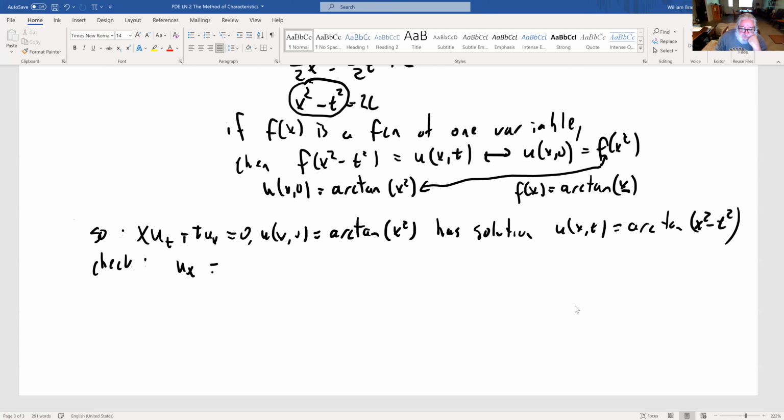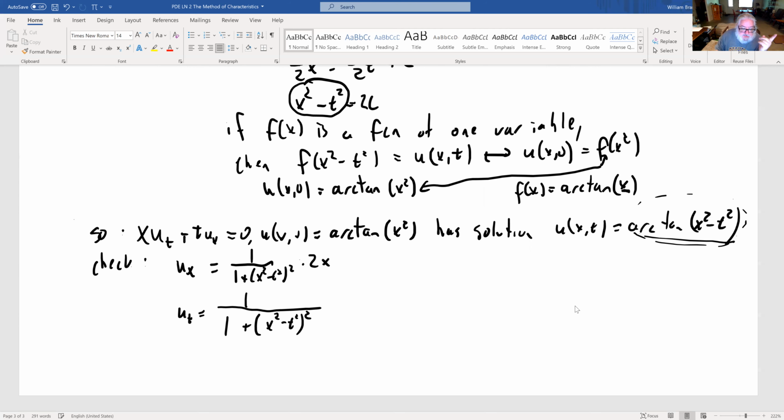u sub x is the derivative of arctangent of x squared minus t squared. Remember that the derivative of arctangent of x is 1 over 1 plus x squared. So this becomes 1 over 1 plus x squared minus t squared, quantity squared, because that's the thing inside the arctangent, times the derivative of the thing inside with respect to x, which is 2x. u sub t, the derivative of this with respect to t, using the chain rule again and thinking of x as a constant, is 1 over 1 plus x squared minus t squared, quantity squared, because that's the derivative of arctangent.